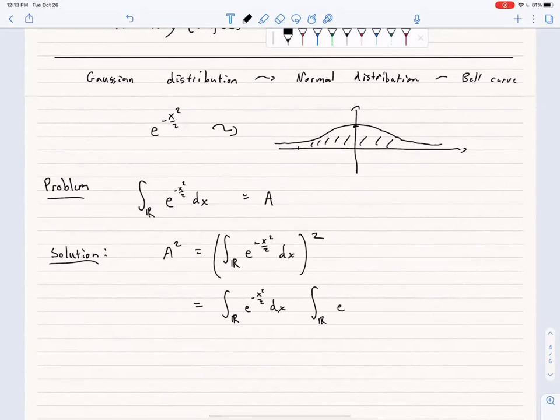Now, when I just think about this, does it matter that I call it X? Can I call it like smiley face or something? I mean, I don't care what symbol I use, right? It's going to be integrated, whatever it is. So let's use Y.